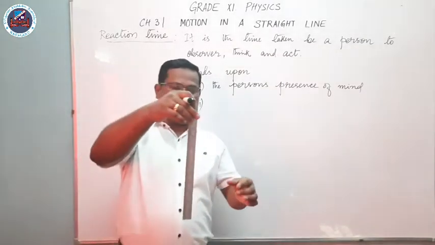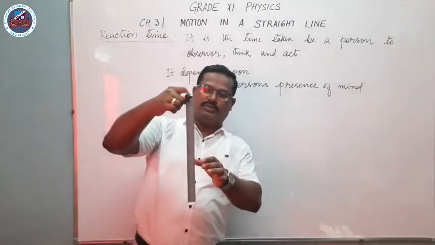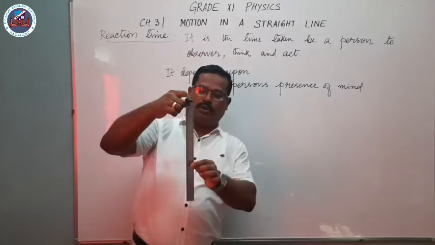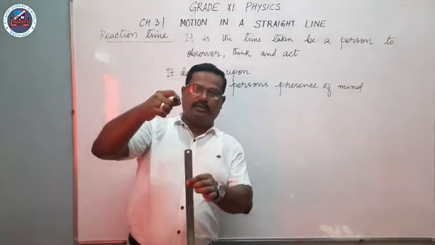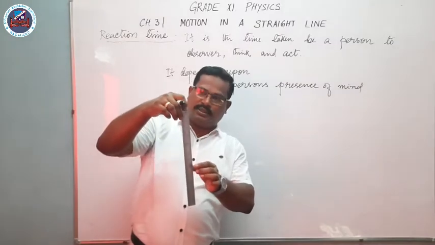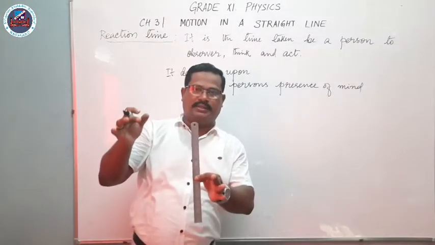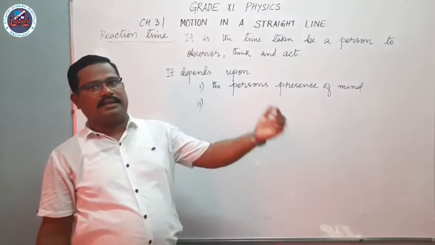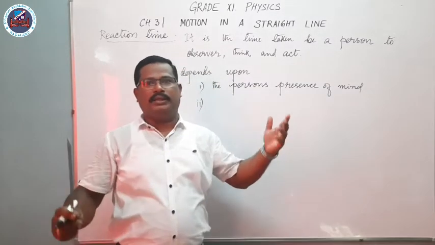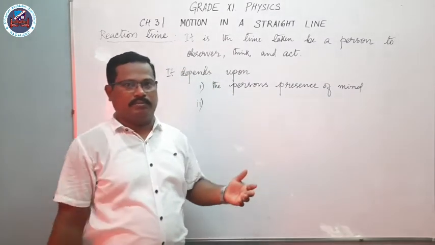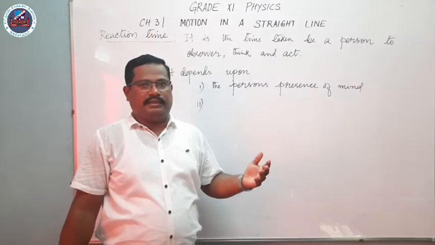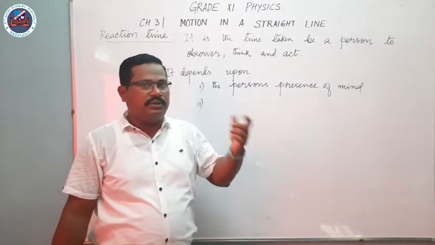Suppose in this case it is very easy, you already know that your friend is going to release the scale, so you need to hold it, so you are already ready. You have already observed. The moment he is releasing, you can see, and then you can act. But suppose a fly is coming near your eye, unknowingly when you are roaming on the road, that time you are not ready. So it takes some certain time to react.